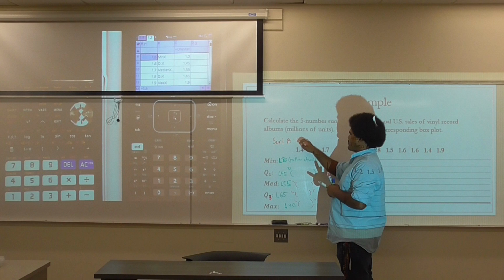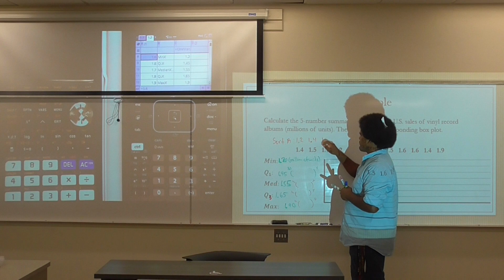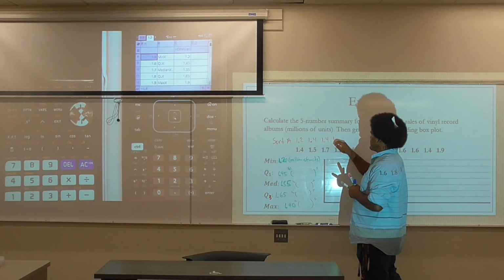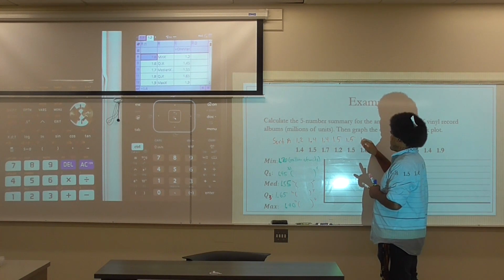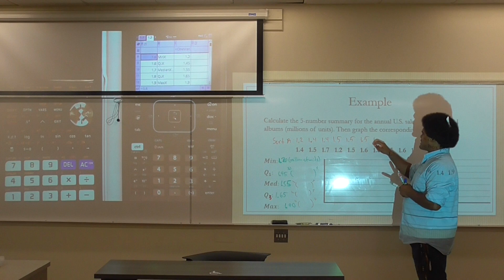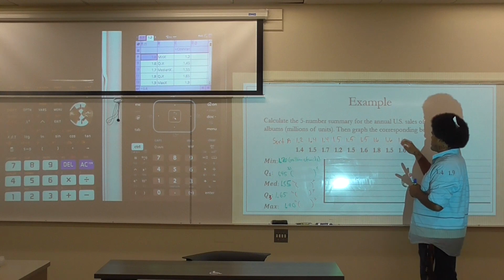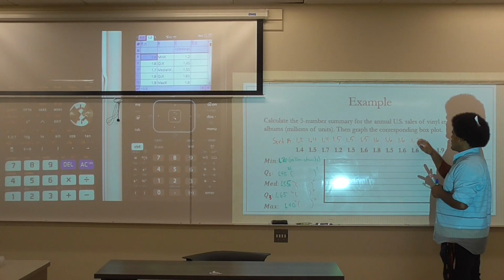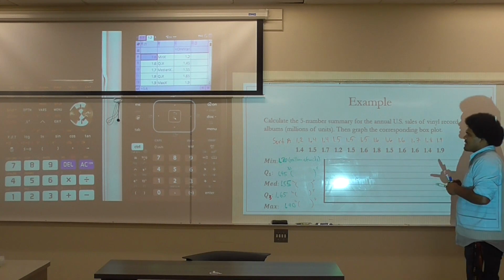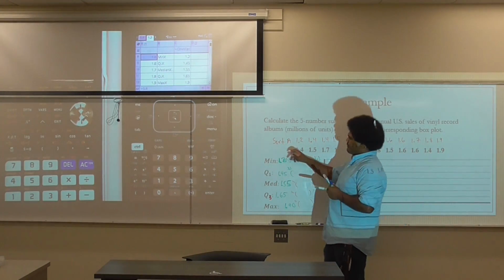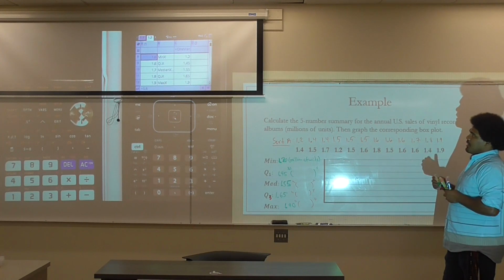We ended up getting a 1.2, followed by the 1.4, and there are 2 of them, followed by 1.5, another 1.5, and another 1.5, followed by the 1.6, and there were supposed to be 3 of these as well, then the 1.7, the 1.8, and the 1.9. So that's what happened when we sorted it. Look at previous videos to see it. The sorting is not that difficult.